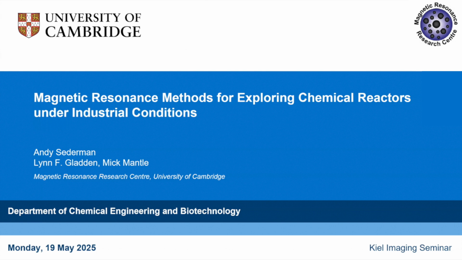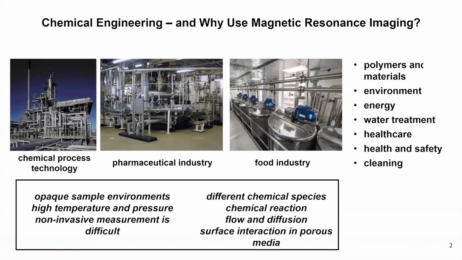So I thought I would start off by saying a few words about why we might want to use MRI in chemical engineering and basically what chemical engineering actually is. So it's the engineering of making things, the processes and the products that we want to make, usually on a fairly large scale or an industrial scale.